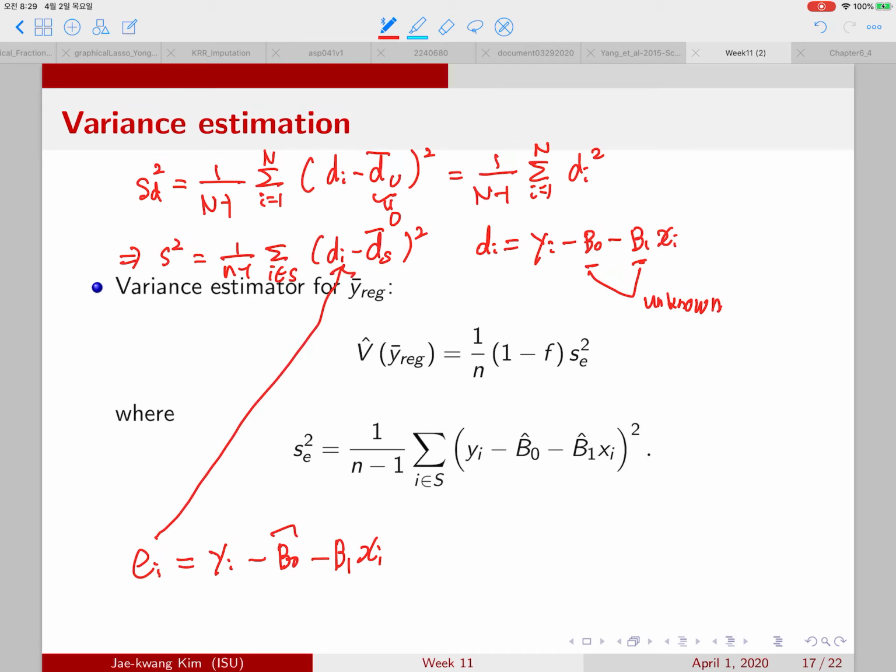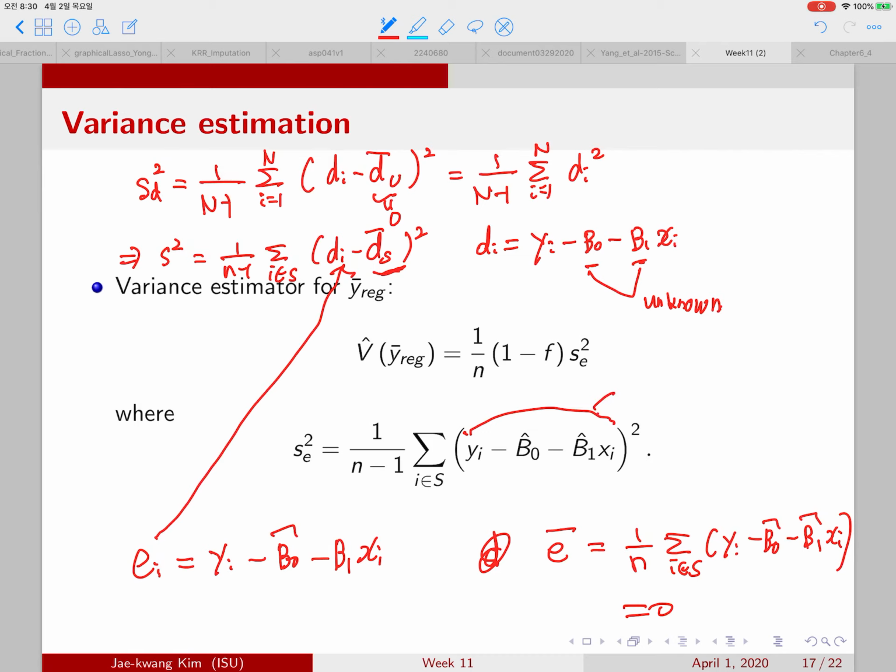And notice that the sample mean e bar is equal to 0 because of the property of the residual. So you don't have to worry about the second part, and so you have only to use this formula with the e_i for variance estimation.